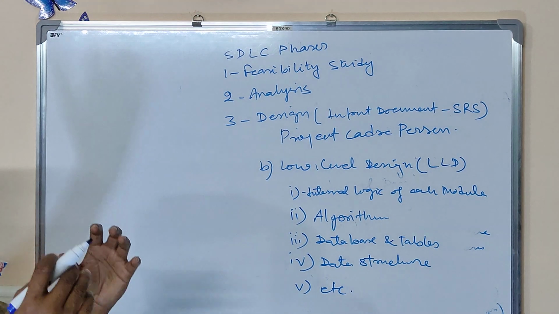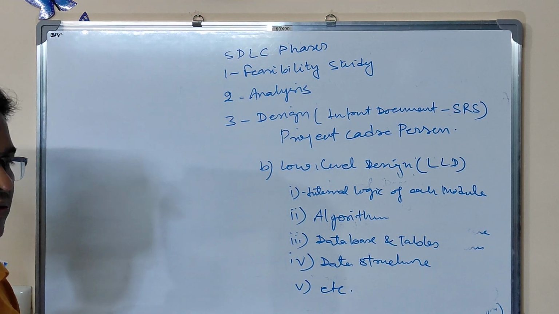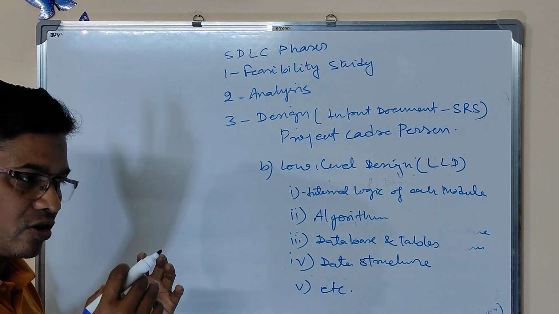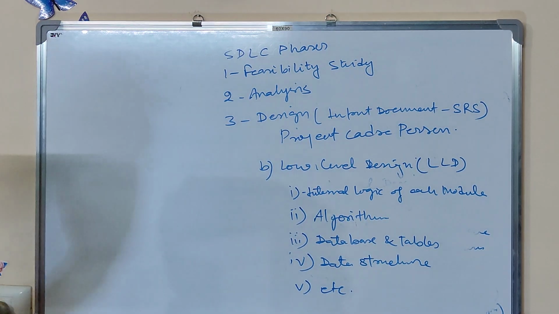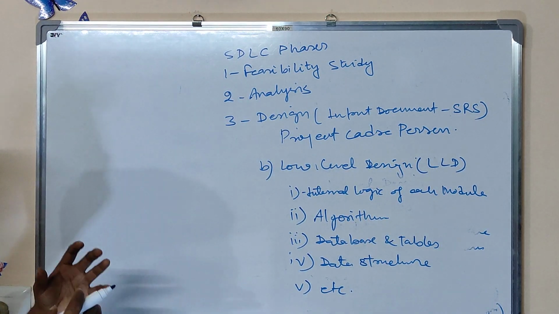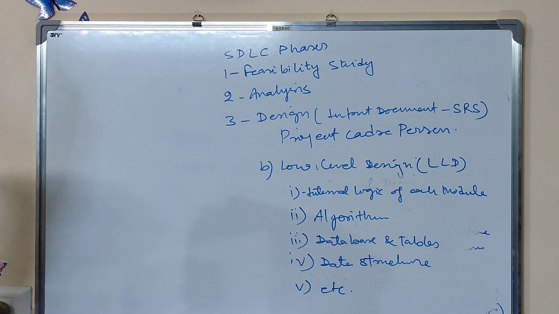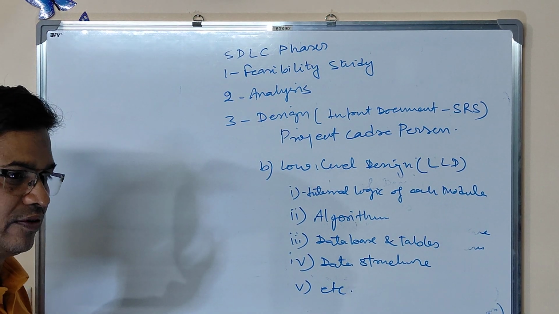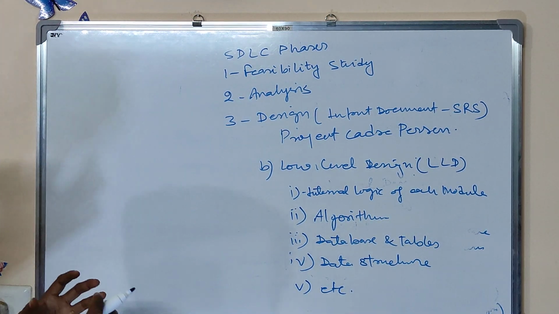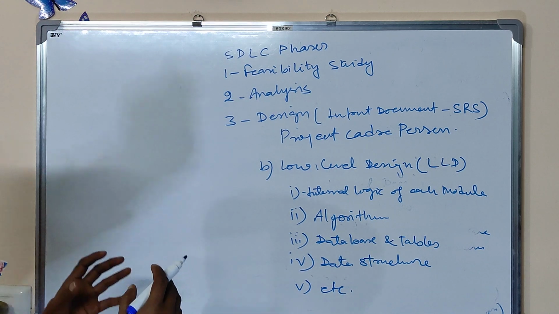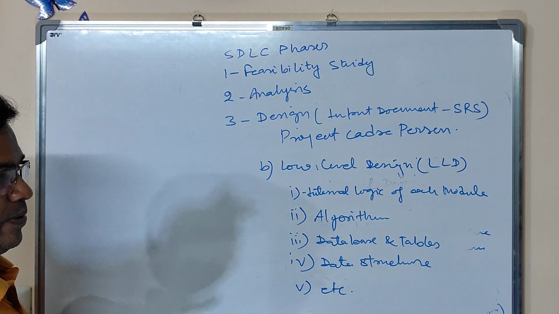Based on the designing activity of SDLC, we are confident that the application will contain this number of modules, and these modules are going to be related with each other. So this design activity creates a baseline for the developer.